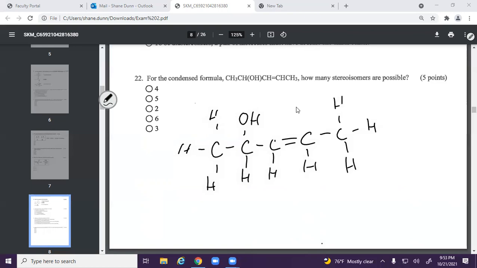Okay. How many chiral centers do I have? This is one, right? It's one with 4 different things, right? Okay. What else is there? It's really one.